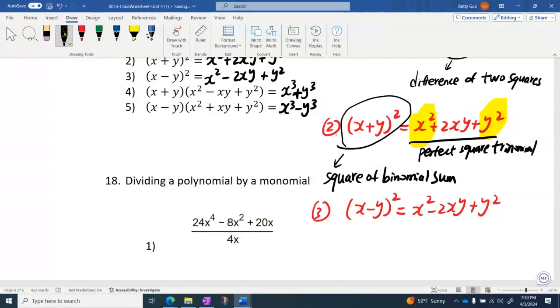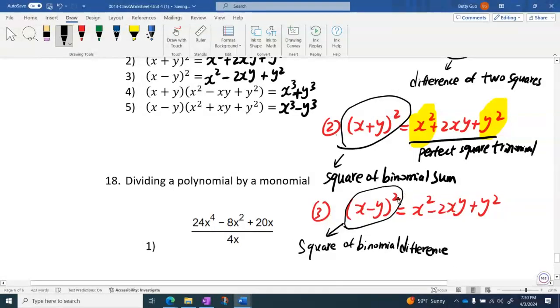Okay, so to help us memorize this formula, you want to remember the structure and the name of the expression. The left side is a square. We call this a square of binomial difference. It's a square on the shoulder of the parentheses.